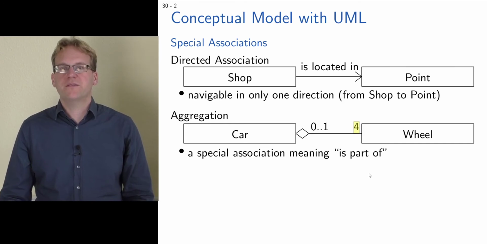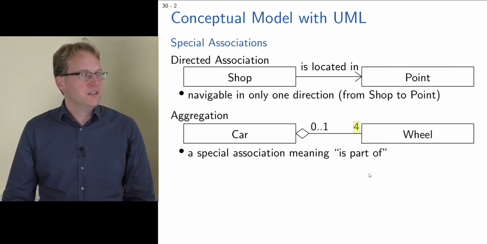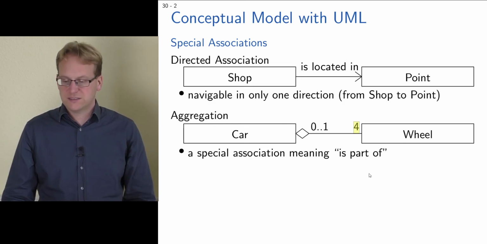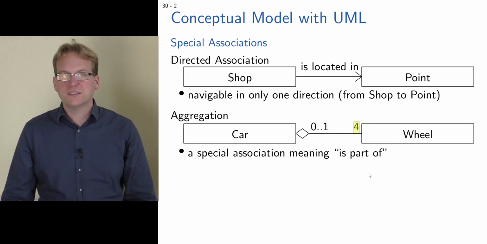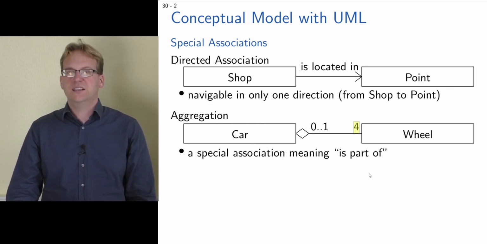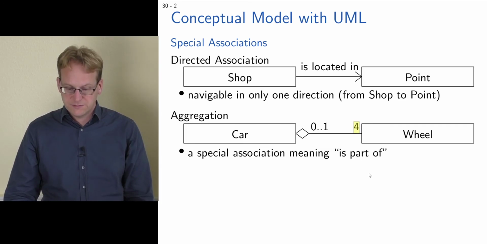Maybe you can argue that there are cars already with 3 wheels, but then I would argue maybe that's not a car. It is something else. Let's give it a different name, maybe a 3-wheel vehicle or something like that. Yeah, so here, according to my model, every car has exactly 4 wheels.